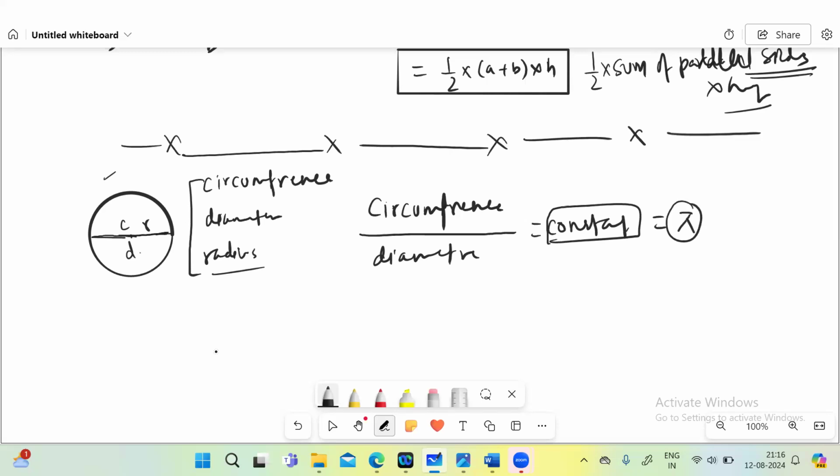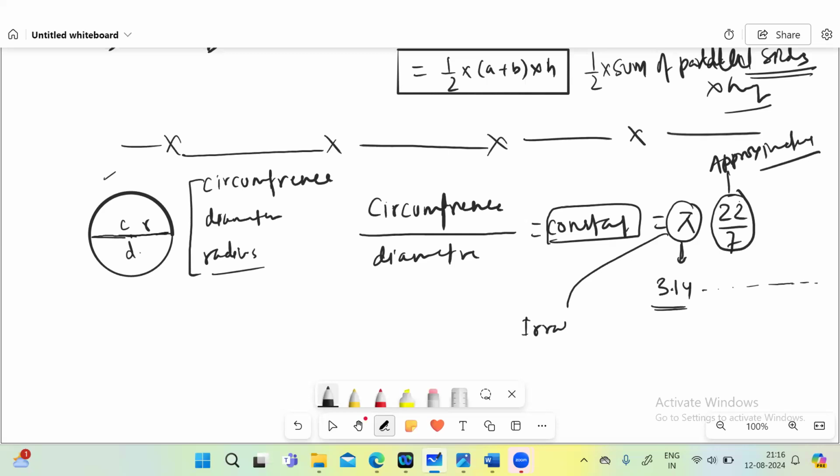Before going ahead, I'll tell you that we take the value of pi as 22 by 7. It is not the exact value of pi, it is an approximated value of pi. And the decimal value of pi, we call it 3.14 only. But it actually goes on. So pi is an irrational number.